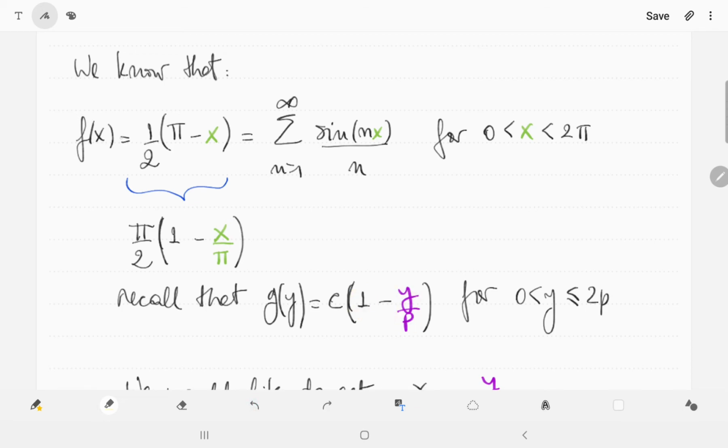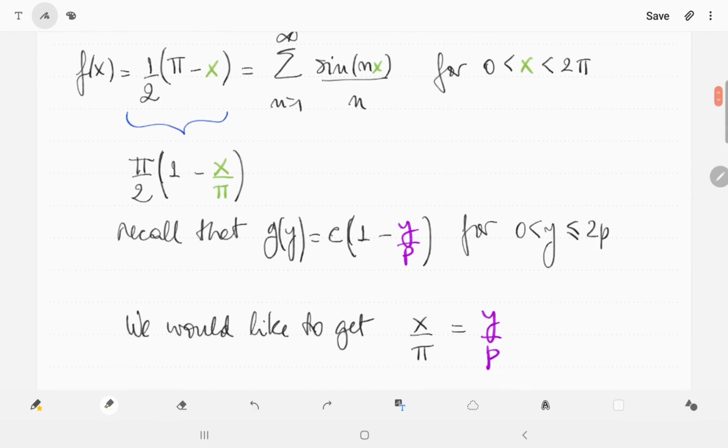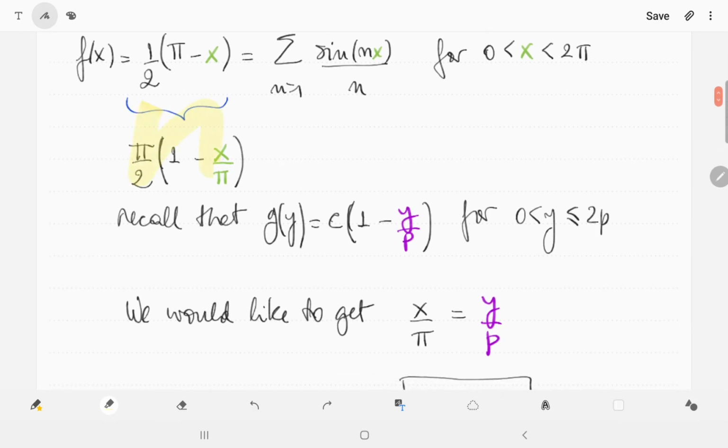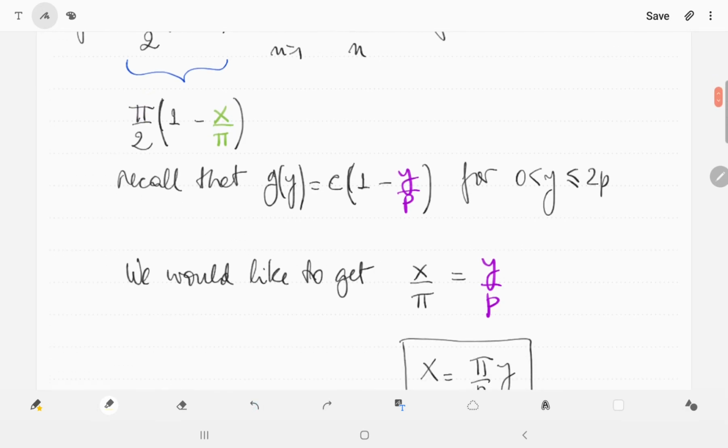And we are trying to rewrite f in such a way that we can find a relationship with the function g. Okay, so the first step here was just this pi as a common factor of the expression.